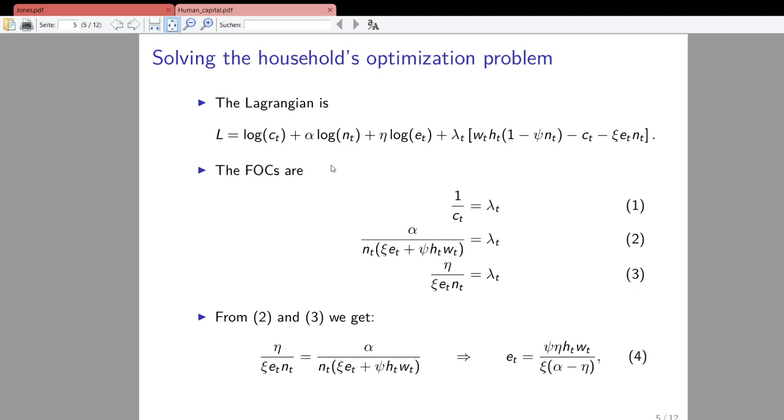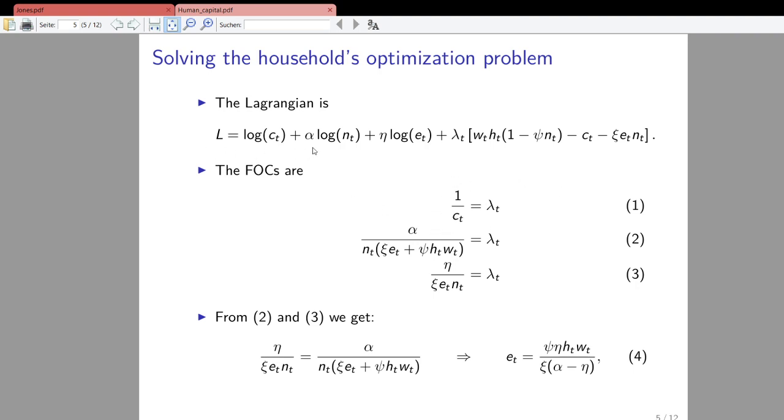For consumption it's easy: the derivative of the logarithm of consumption with respect to consumption is 1 over consumption. The other terms drop out, since they don't contain consumption, but the budget constraint term does, so we have minus the Lagrange multiplier that remains after taking the derivative. If we bring it to the right hand side, we have the first order condition.